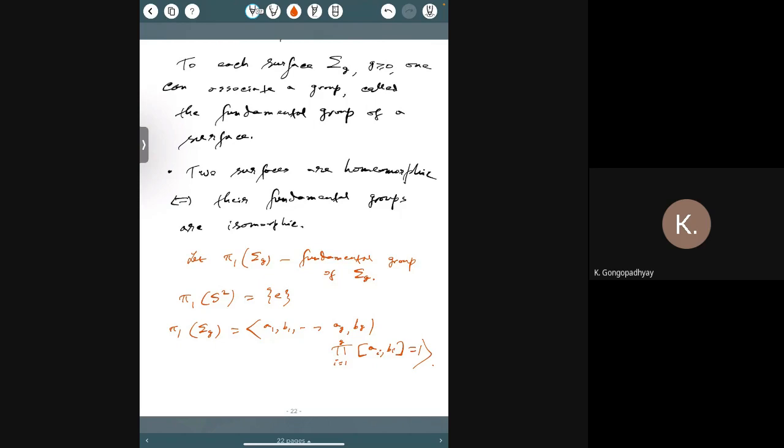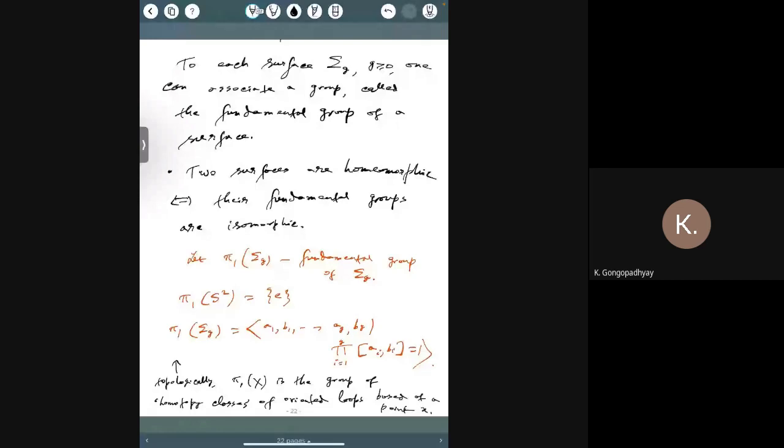Topologically, pi1 of X is the group of homotopy classes of oriented loops based at a point x.